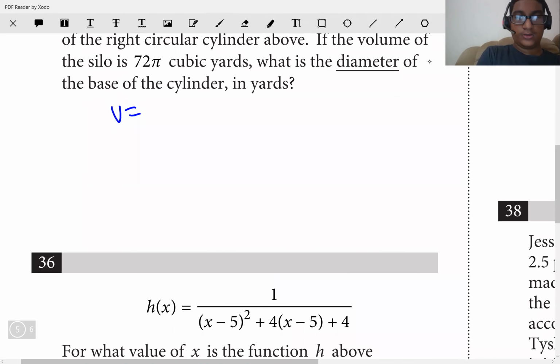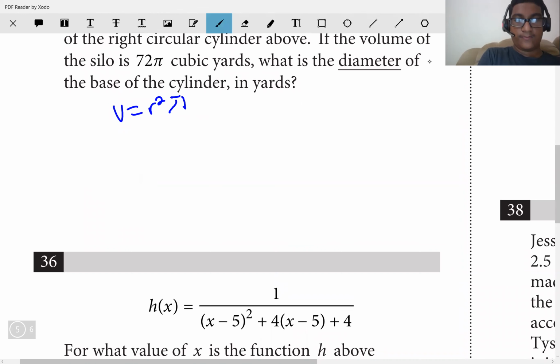V equals r squared pi h. So let's plug in what we already know. We know 72 pi is equal to r squared pi times 8.